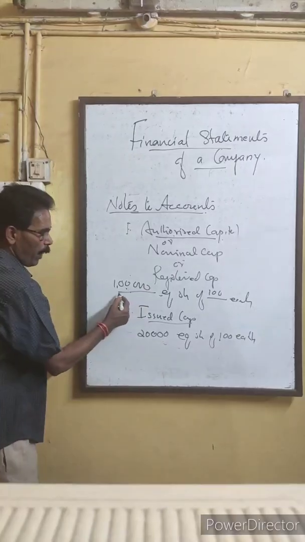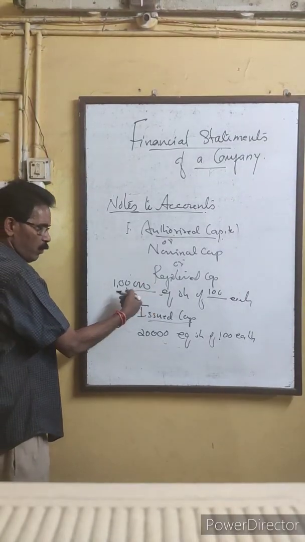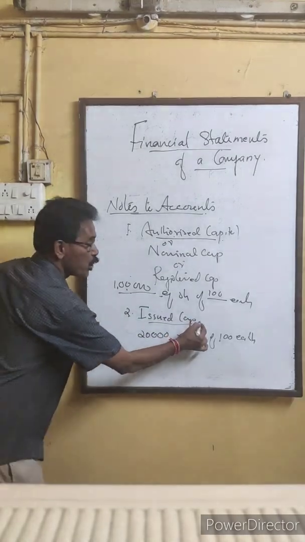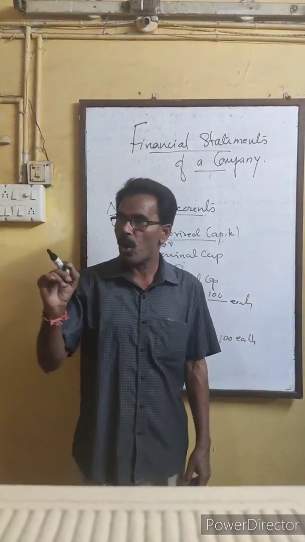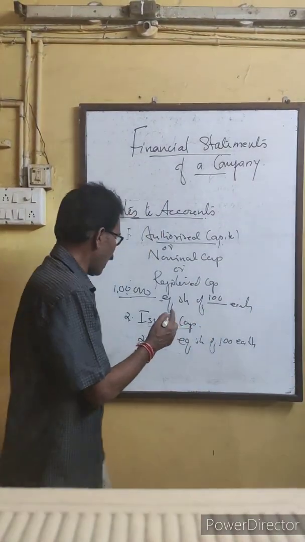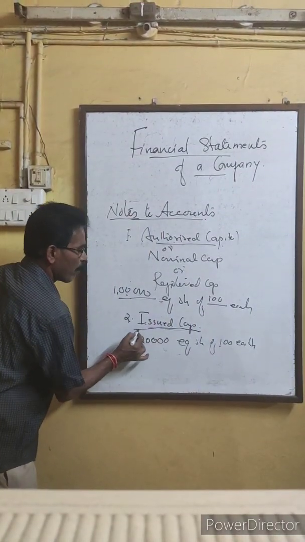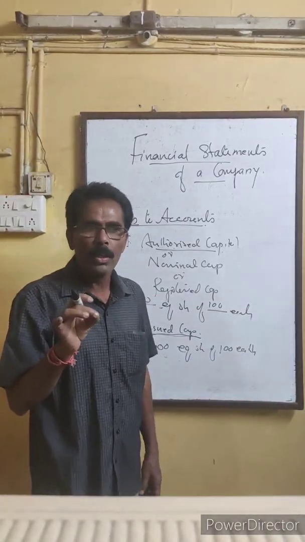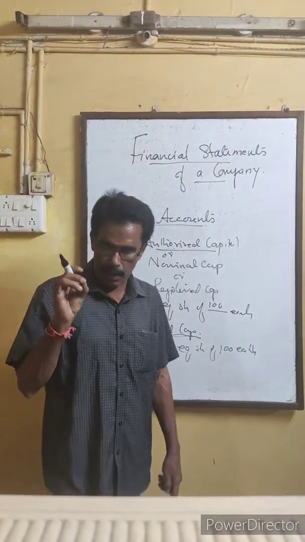In authorized capital we have to show 1 lakh shares of 100 each in our example, and out of that, how much is so far given to the public for subscription will be shown in the issued capital of the company. All these details are given in the book, and please go through that as a beginning.